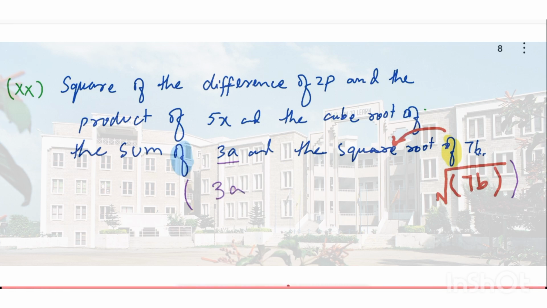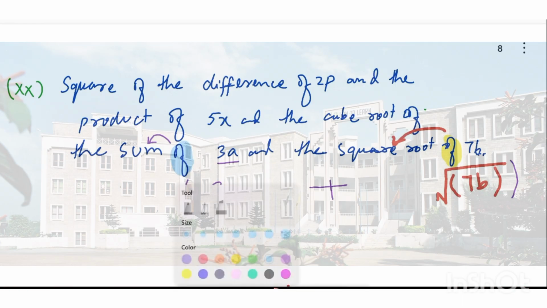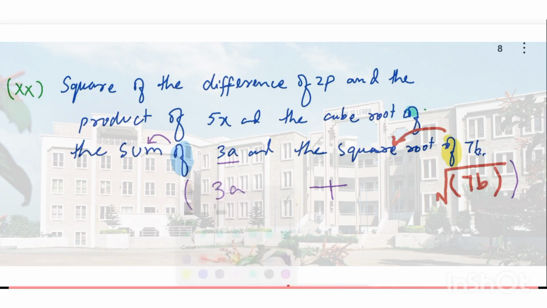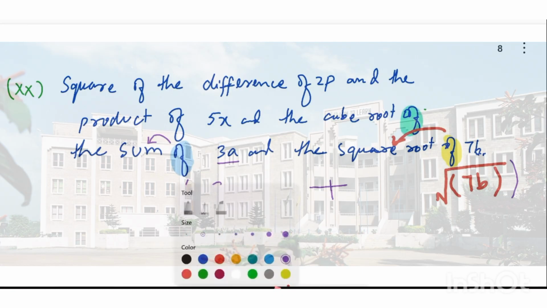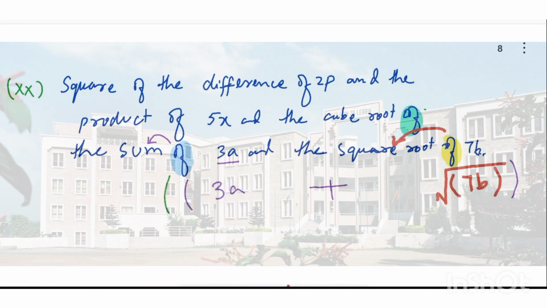So we'll be dealing with it. But before "of" there is the word "sum", so we'll be replacing this with a plus sign. And then there is another "of". We can see here the another "of" is representing this. So in place of this we'll be putting a bracket, and then the bracket closes at the end, and before "of" there is the word "cube root".